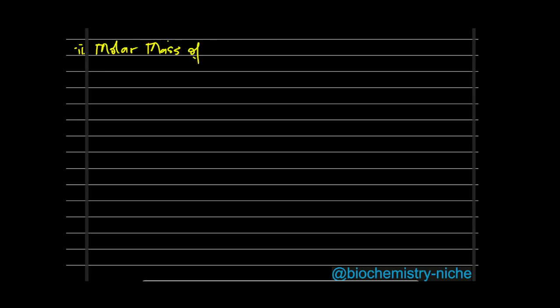Molar mass of B. So we're using this formula: mass concentration equals molar concentration times molar mass.